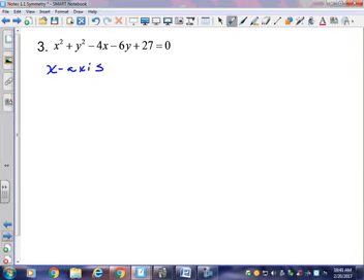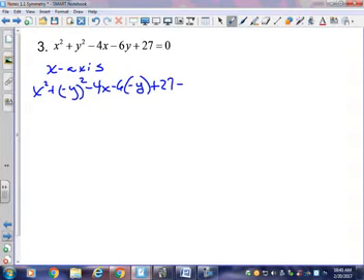You don't just put it in one of them. So when you do x-axis, you're supposed to do negative y. Everybody agree? So I'm going to say negative y quantity squared minus 4x minus 6 times negative y plus 27 equals 0. So I put negative y in for both y positions.